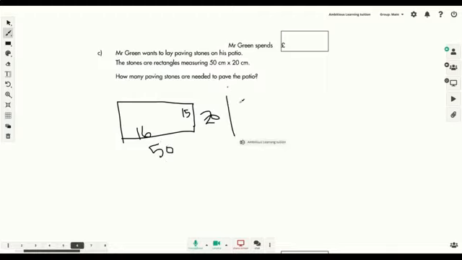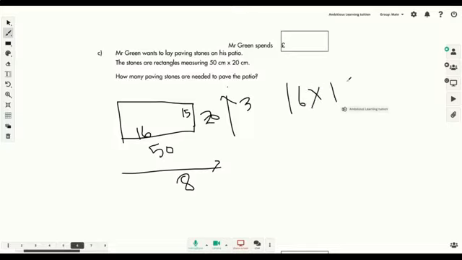All of this is 3, and this one here is 8. So first thing I would do is multiply 16 by 15. 16 multiplied by 15 is 240.